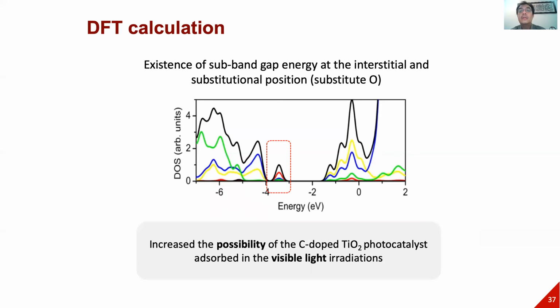Therefore, the existence of the sub-band gap energy at the interstitial and the substitutional position, substituting the oxygen, increases the possibility of the carbon-doped titania photocatalyst absorbing visible light irradiation.